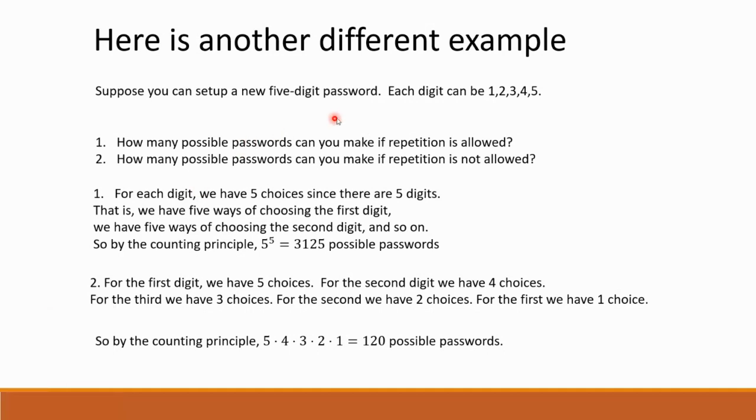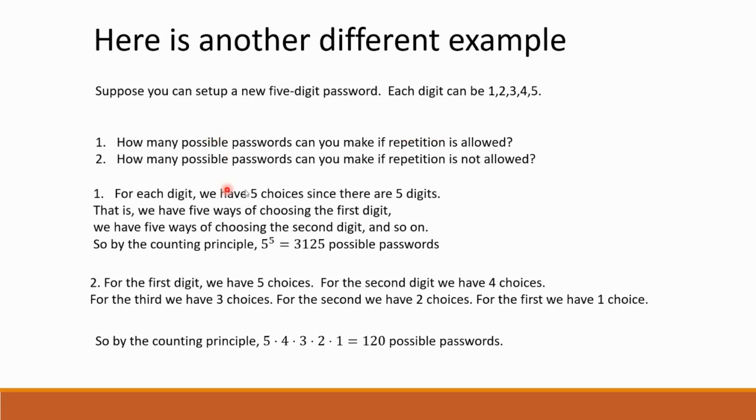So here we have a 5-digit password that we're making, and each digit can be one of these 5 numbers, any one of them, okay? The first question is, if we allow repetition, so you're allowed to use the same digit more than once, how many possible passwords are there?